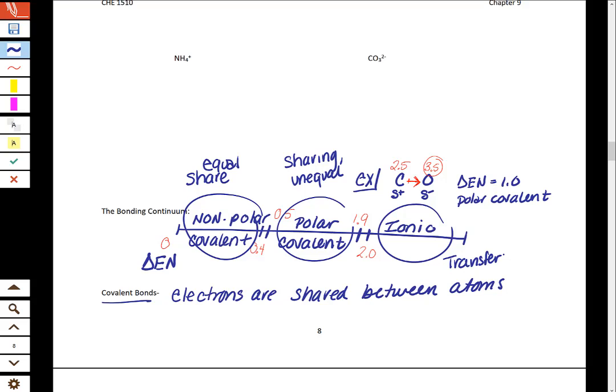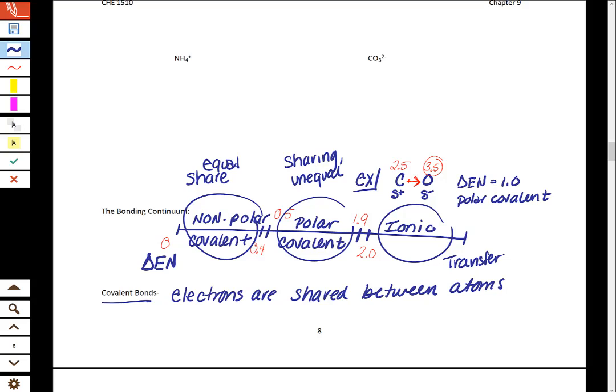If we think about equal sharing versus unequal sharing, equal sharing in real life would be two children who say, all right, I'm going to set a timer for 5 minutes and I'm going to play with the iPad for 5 minutes, and then when it beeps, you can play with it for 5 minutes. Obviously that's not normal, not in real life, and also not in the chemistry world.